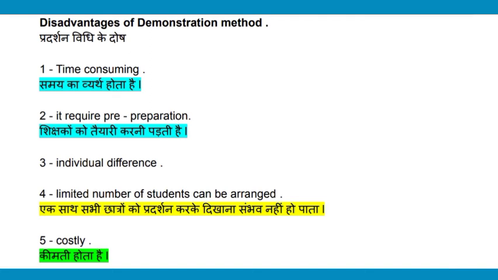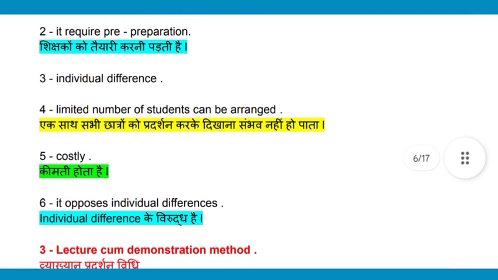Fourth, a limited number of students can be arranged. Suppose we take the example of a computer. If the teacher is trying to demonstrate something, or tell them how this computer works, the teacher cannot give time to all the students at the same time to work on that computer.